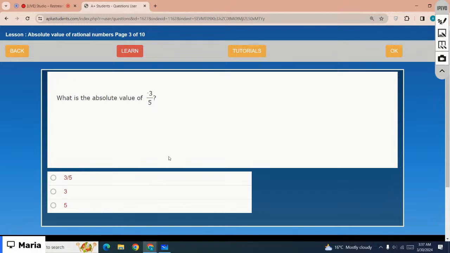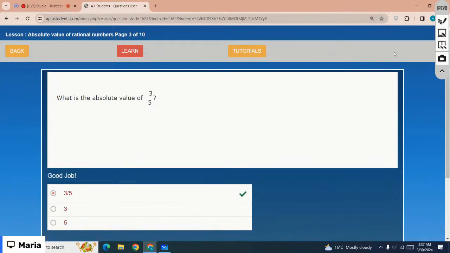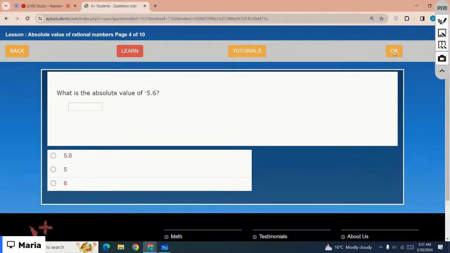That is option number 1, that is a positive number. What is the absolute value of negative 5.6?